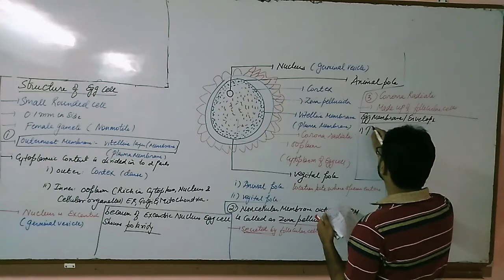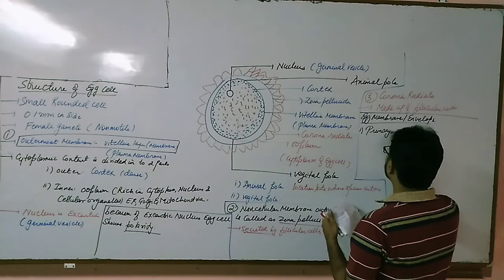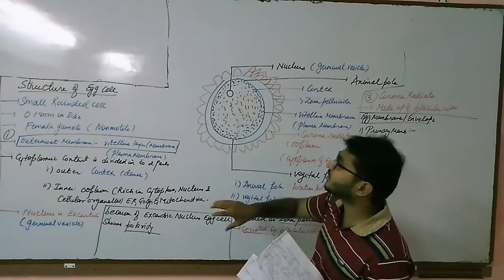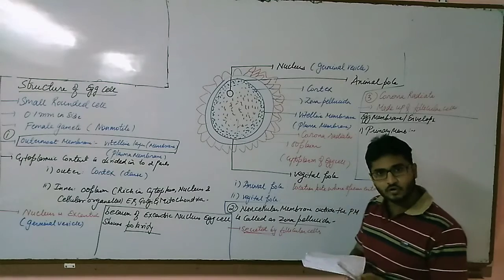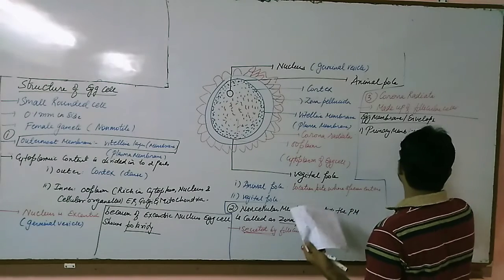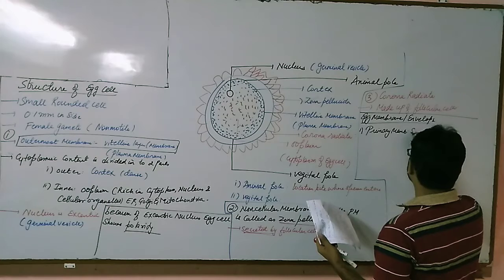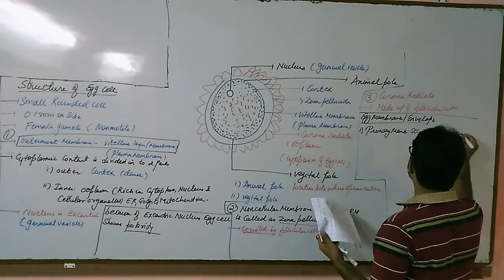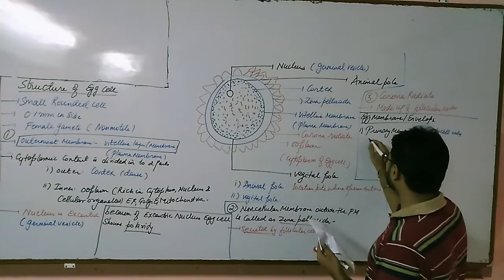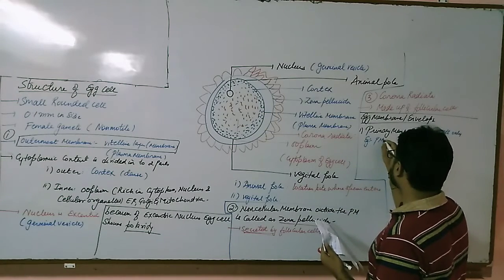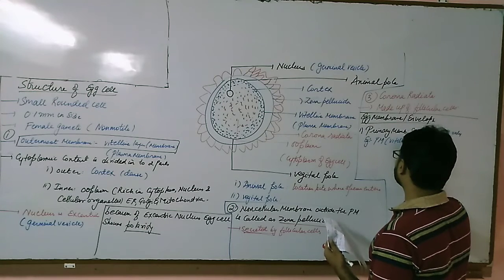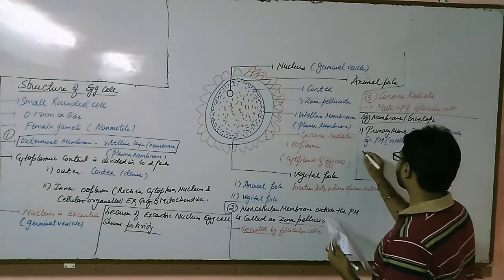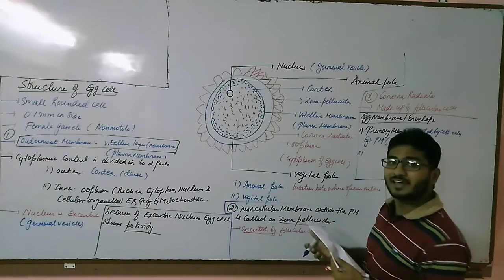The first is the primary membrane, which is secreted by the cell itself only, that is the plasma membrane or vitelline membrane. So the primary membrane is secreted by cells only. Cell means this egg cell only. The example includes PM, that is the plasma membrane or vitelline membrane.